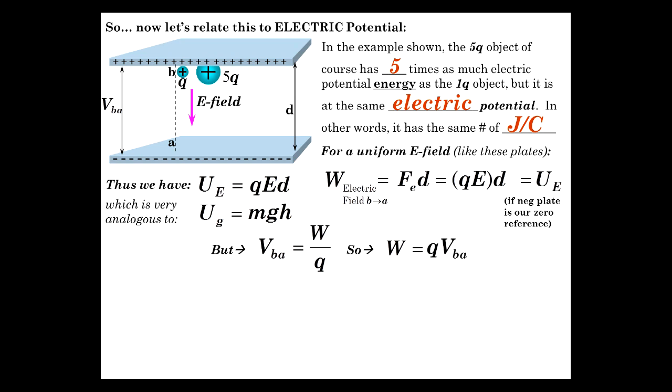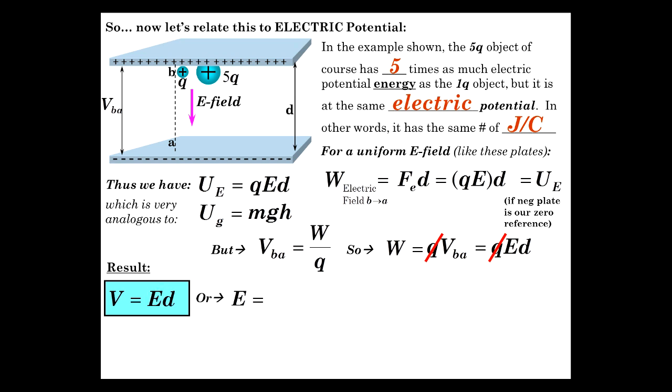So work is QVBA, but it's also, as we saw here, QEd. So QV is QEd. The Q's can go away, and we have a relationship now between the potential difference, the voltage, and the electric field, which is just V equals Ed. Now this is only true when the electric field is constant.